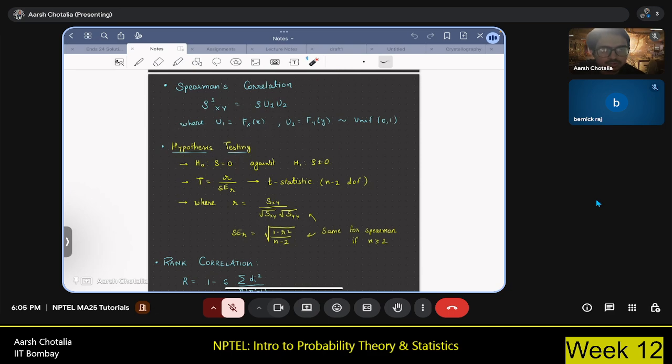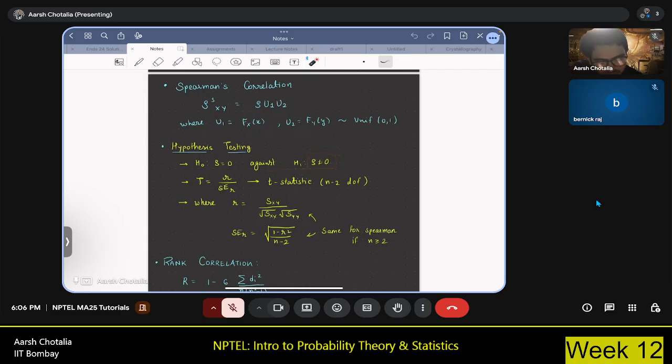There is a particular monsoon season in India at least. So there is definitely correlation there. In some cases, there won't be any correlation. So the null hypothesis is that there is no correlation against the alternate hypothesis that the correlation is non-zero.